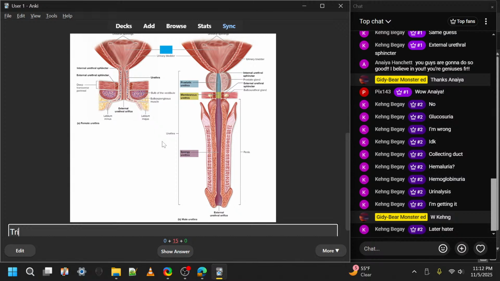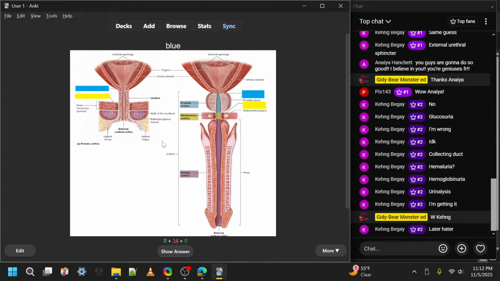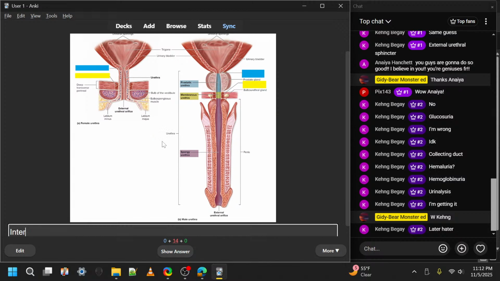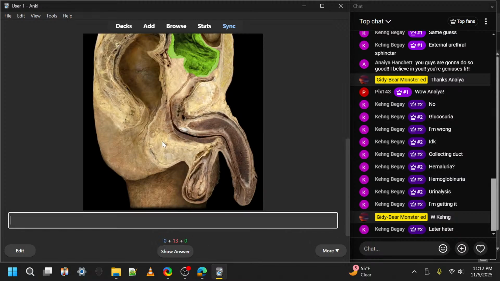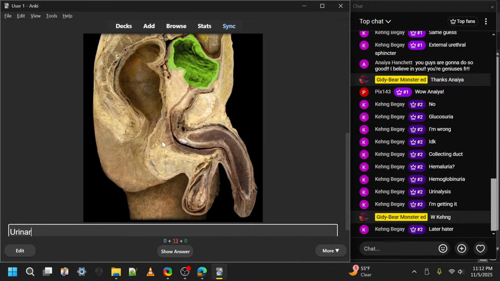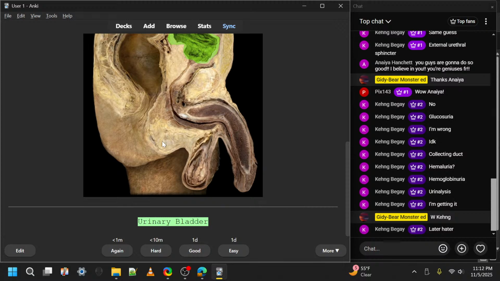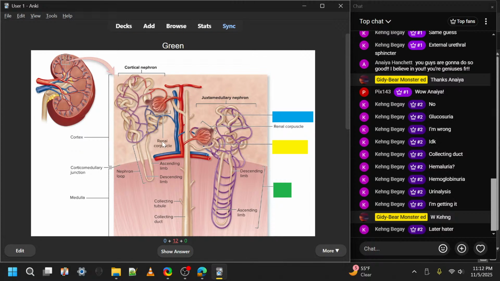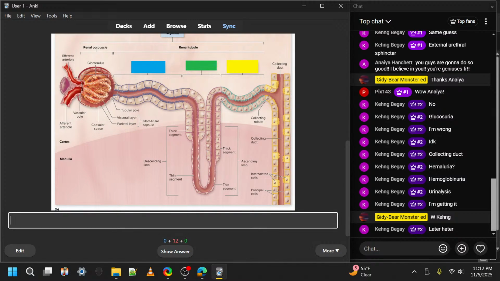Ooh, this is the trigone. The blue is the internal urethral sphincter. This is the urinary bladder. The green is the loop of Henle, or the nephron loop.